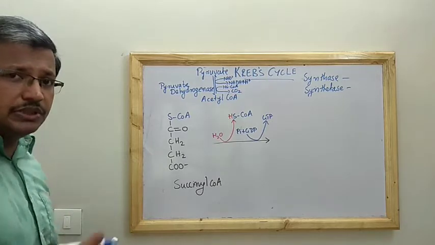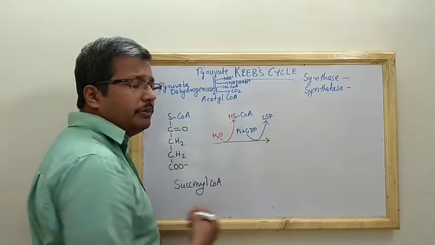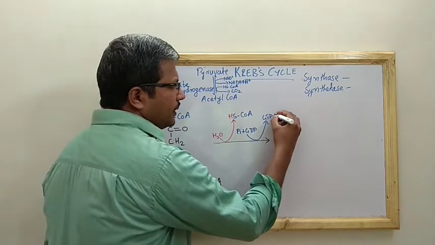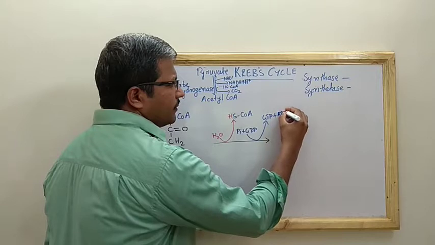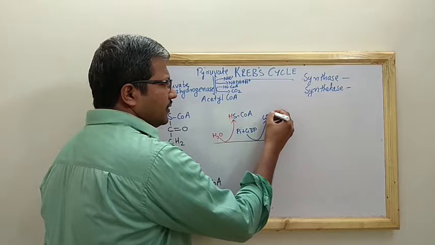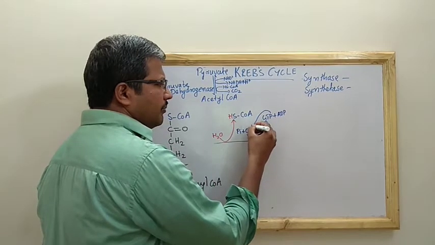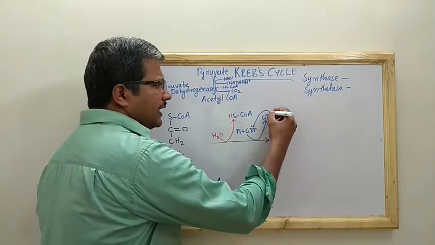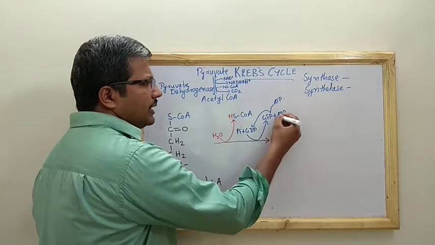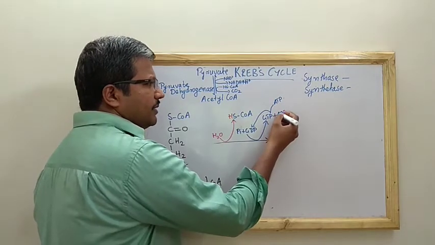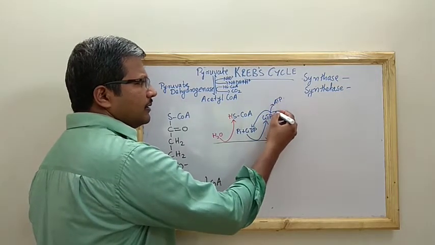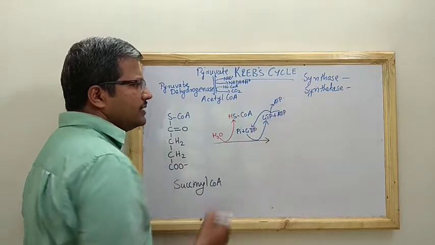Now there is another continuation process where this GTP will be combining with the ADP. So GTP plus ADP will be resulting in the formation of, I am just writing it this way, GDP again and ATP. So GTP will be formed and that GTP will be entering with the ADP. As a result, ATP and the GDP will be formed.